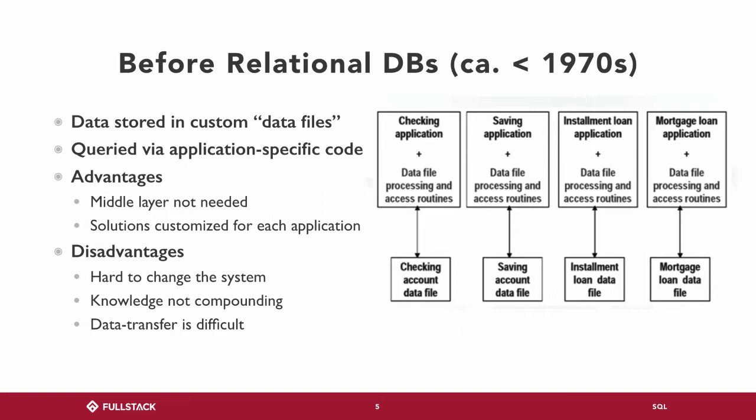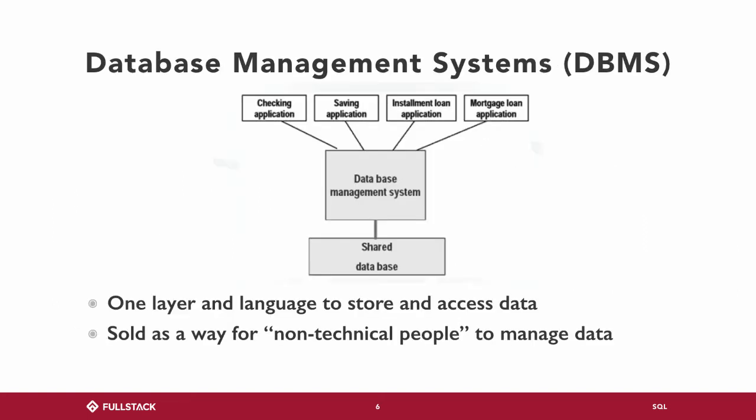So instead of each application being responsible for its data, you had what was called the DBMS, a database management system. The different applications could have their own logic, but a database management system would sit above a shared database, so you had one layer that had access to the data.